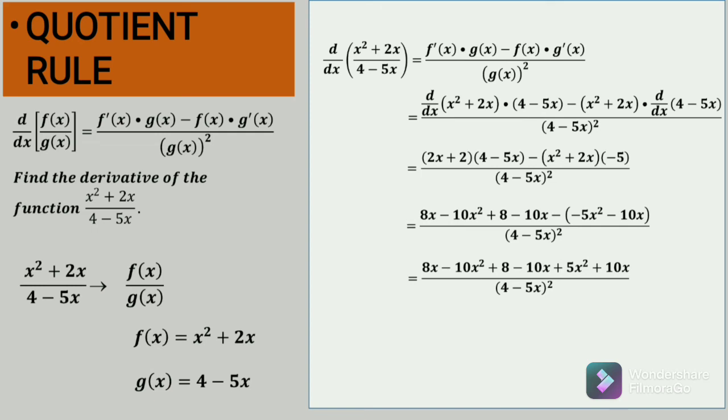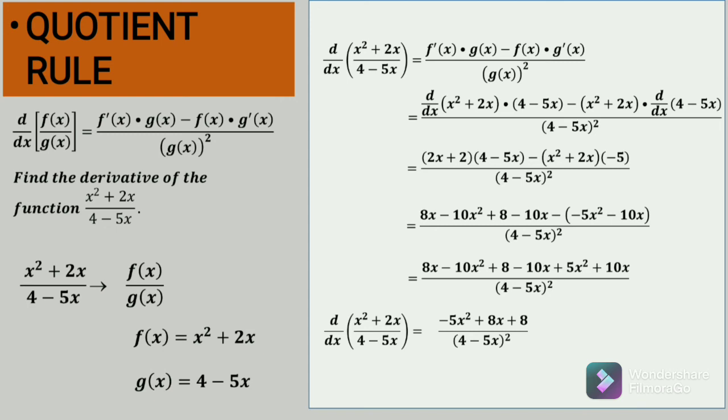Then copy the denominator. Then let's combine like terms. So negative 10x squared plus 5x squared is equal to negative 5x squared. Then 8x minus 10x plus 10x is equal to 8x. Then 8.